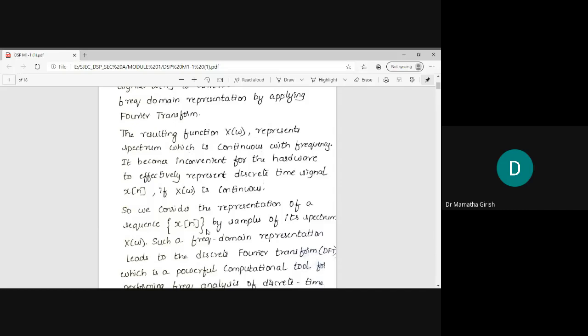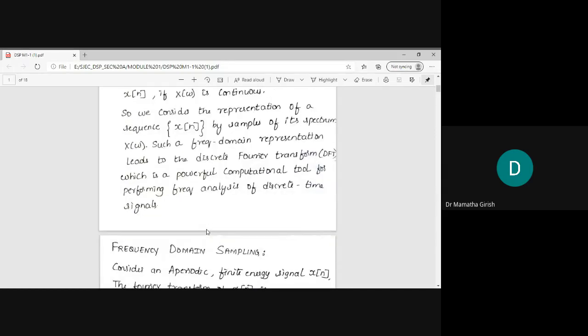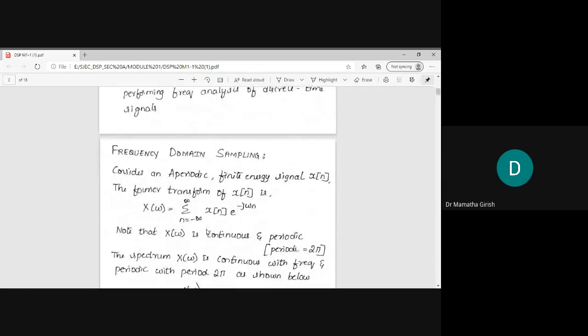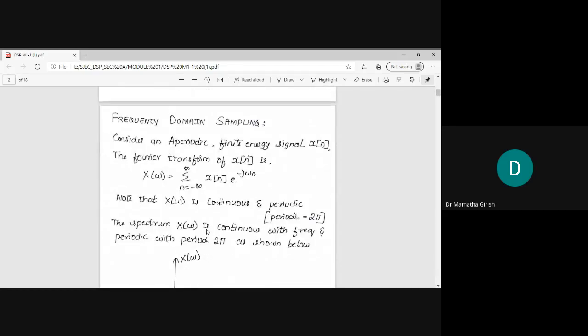How exactly we do the sampling in the frequency domain will be discussed in the next topic. To begin with, what is the first step? I have a discrete time signal x of n. What is the nature of the signal? It is aperiodic in nature and it is an energy signal comprising finite energy.